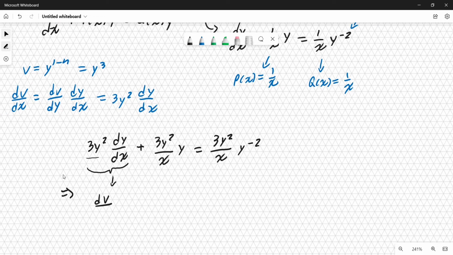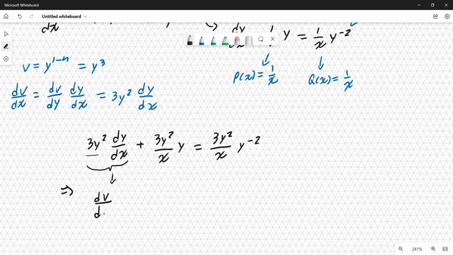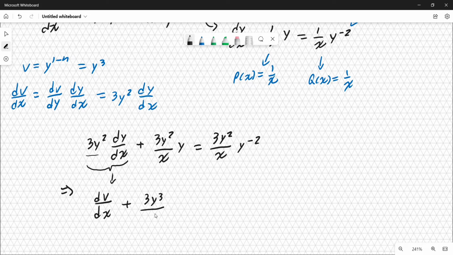That was the whole goal. So we got dv/dx here. And then let's add 3y squared times y, which is just 3y cubed over x, equals 3y squared times y to the negative 2. These two powers cancel, so we just get 3 over x. That just turns into 1.